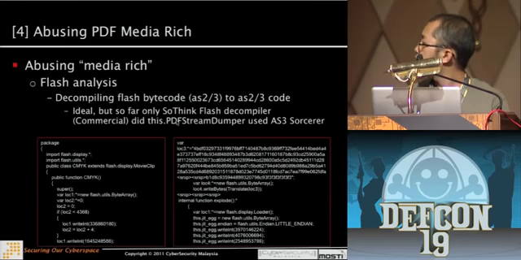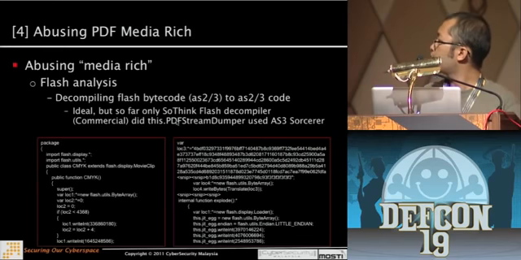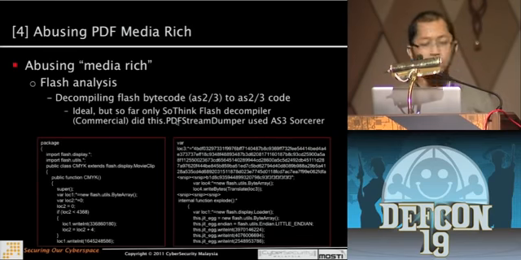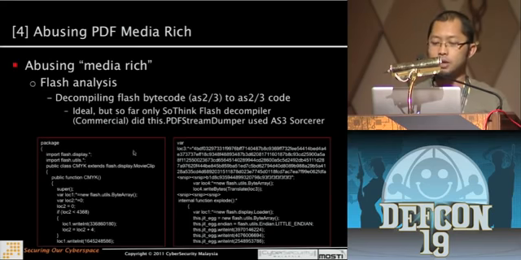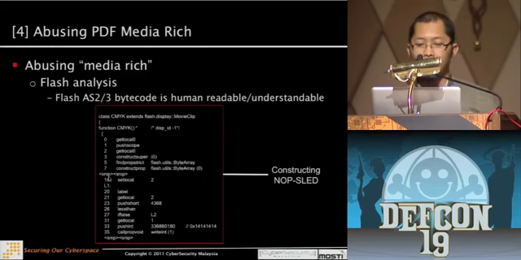So Sothink Flash Decompiler has a decompiler for this one, and if you look at PDF Stream Dumper, they have another proprietary tool as well called AS3 Sorcerer. So this is pretty much what the decompiled code looks like in AS3. It's pretty much AS3 code here.